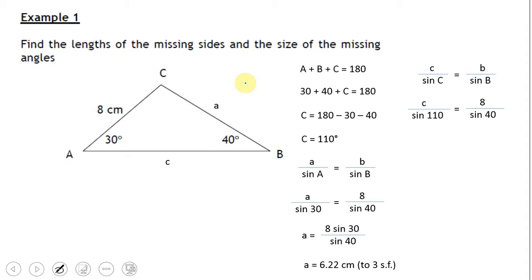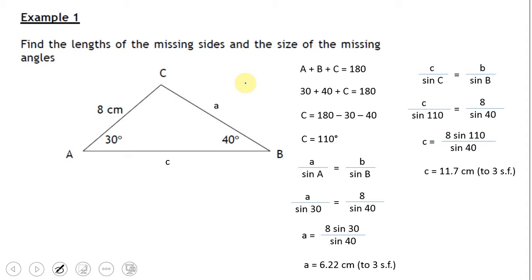Now, as we did in the last bit, where we multiplied both sides by sine 30 to make a the subject, in this case, we're multiplying both sides by sine 110 degrees to make it c equals. So we get that c is equal to 8 times sine 110 degrees all over sine 40 degrees. And we can stick this into a calculator to get 11.7 centimeters to three significant figures.